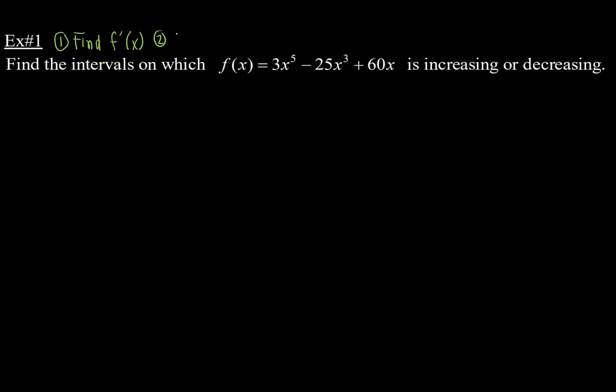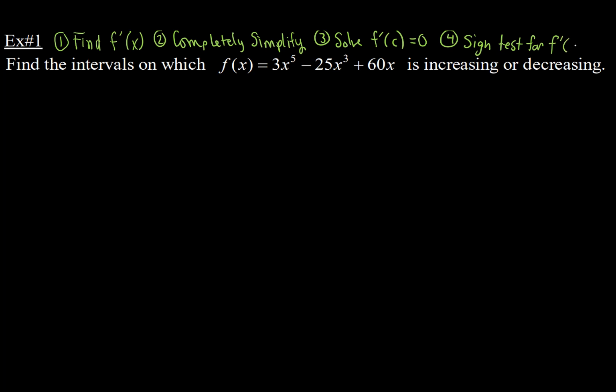I am also going to completely simplify that derivative so I can do the solving. Next, I am going to solve. I'm going to find out where the critical numbers are, for when that derivative is equal to 0. And then next I'm going to look at a sign test for the first derivative.